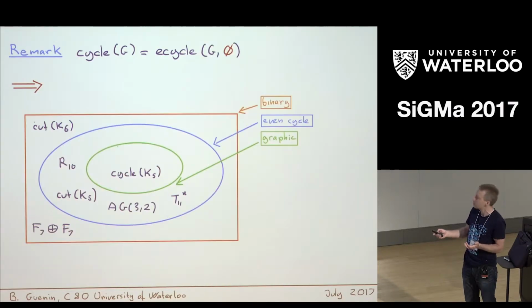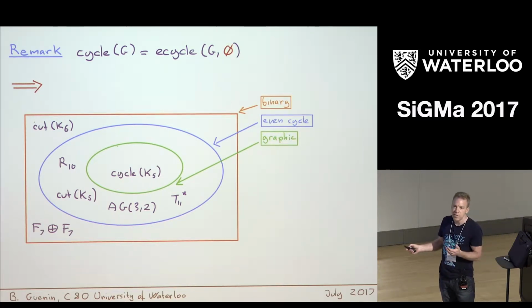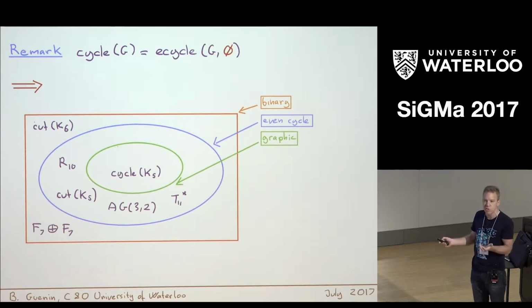Before I go on, here's an observation. If my signature is just the empty set, then every cycle is an even cycle. In particular, it tells you that the cycles of the graph are just the even cycles. So it implies that graphic matroids are an example of even cycle matroids.